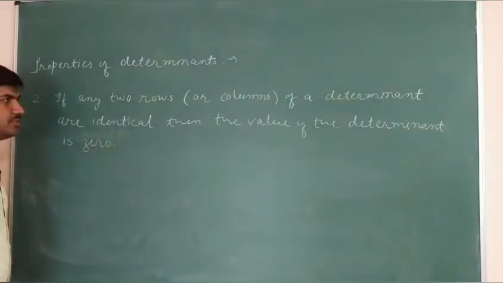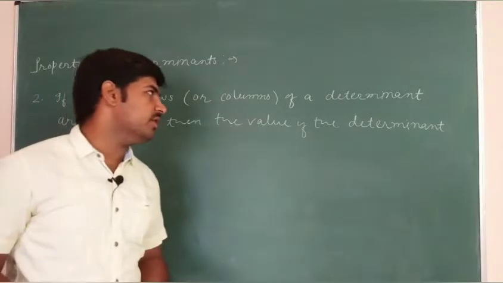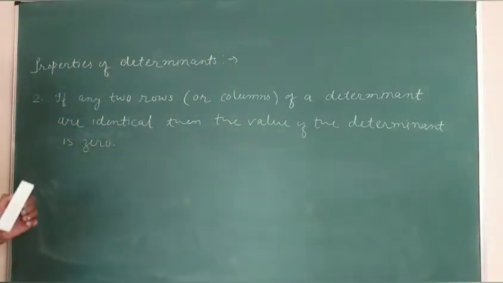What is the property, students? If any two rows or columns of a determinant are identical, then the value of the determinant is 0.